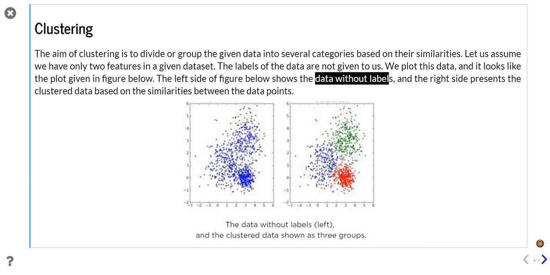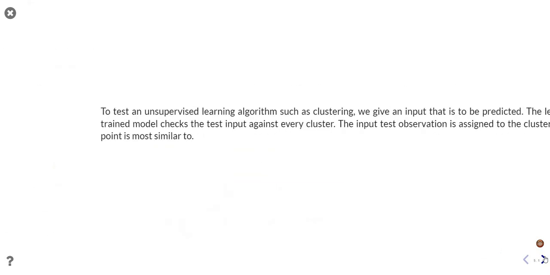I mean, there's no particular label. And the right-hand side represents the clustered data based on the similarities between the data points. You can see the density, there's some similarity between these data points, some similarity between these data points, and some similarity between these data points. And it forms a cluster. How it forms a cluster, we will see in the next one.